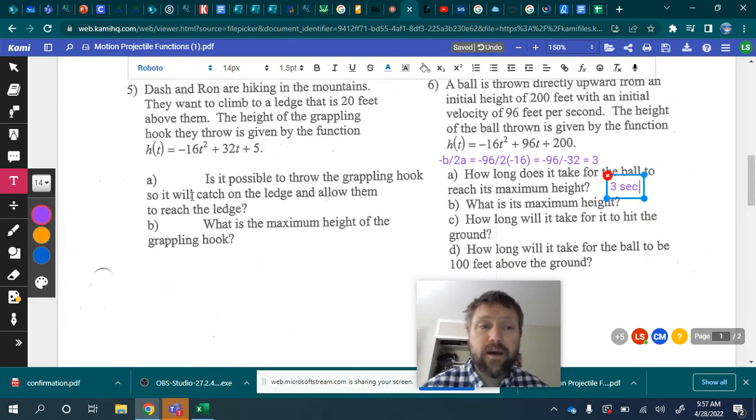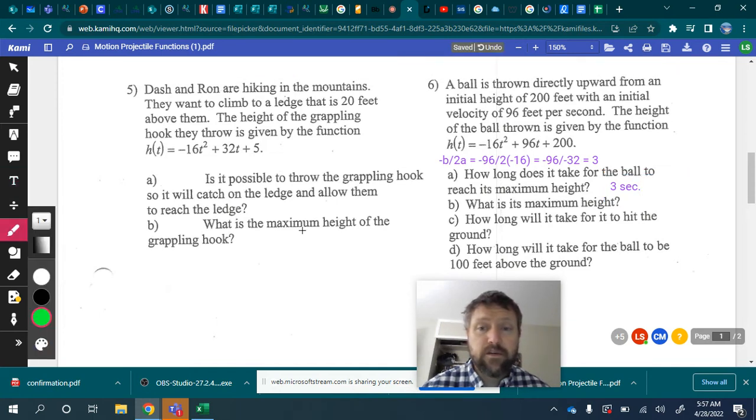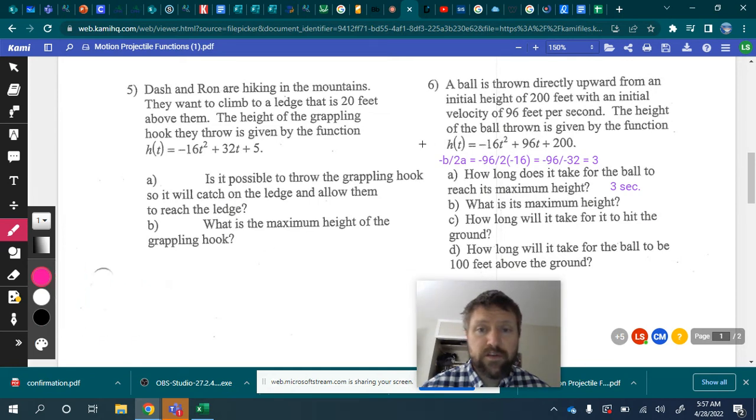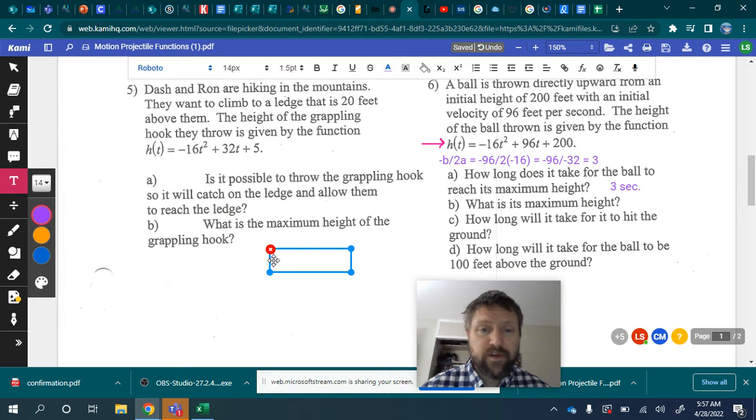So to do that, I have to substitute 3 into this equation. Okay, so we're going to take this equation here, put 3 in for t, and find out what we get, right? I'm going to put that off to the side here.